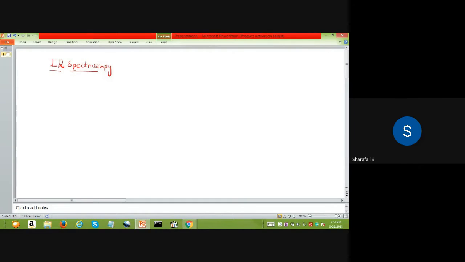So first we will discuss some of the key points about this IR spectroscopy.